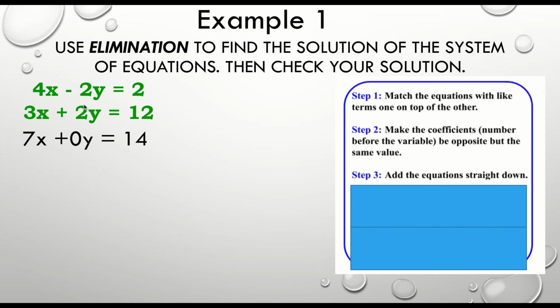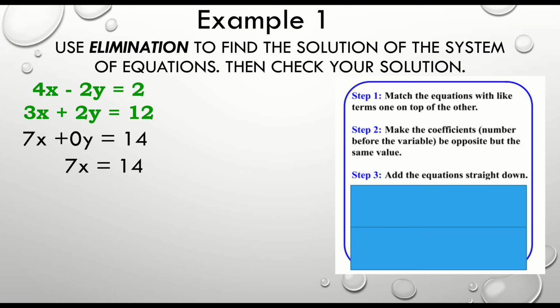Again, minus 2y plus 2y is plus 0y, and 2 plus 12 is 14. From here, we can start to simplify things. Remember, 0y is basically 0 times y, and 0 times anything is 0. So we don't even need to write this part down. We just go straight to 7x equals 14.